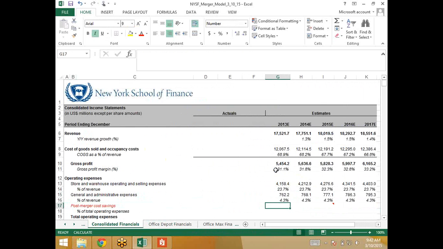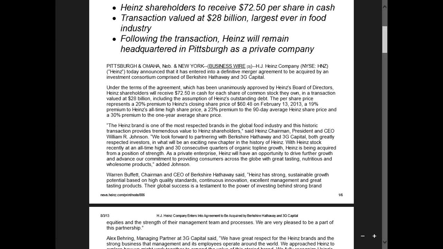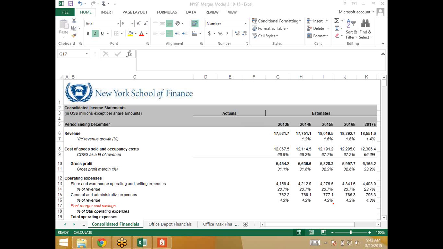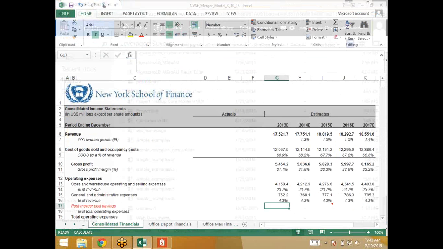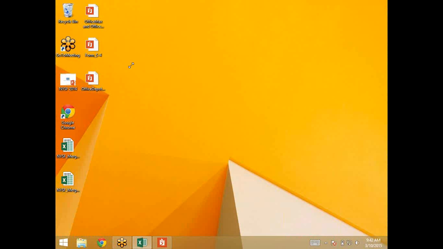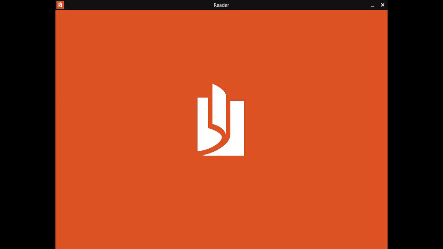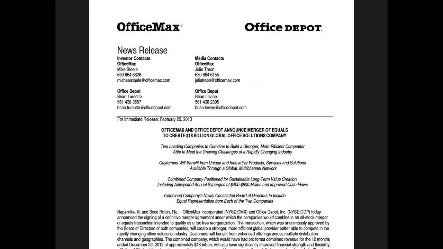Post-merger cost savings. So in this case, there is an indicator that there's going to be a little bit more detail in the press release. In the press release, there you have it.